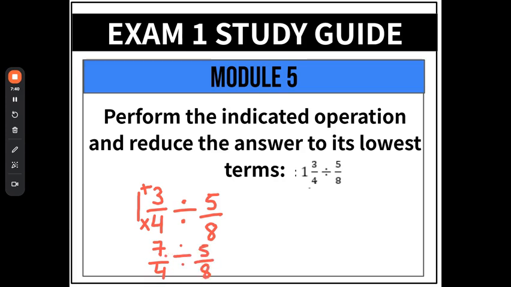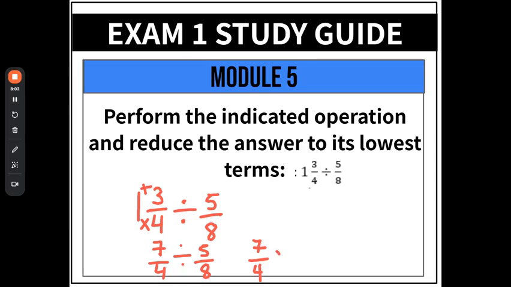Now because we're dividing, we don't need to create a common denominator as we do with addition and subtraction with fractions, but when we divide, there is a trick that we always do, and it's called keep, change, flip. So we're going to keep the first fraction as it is.